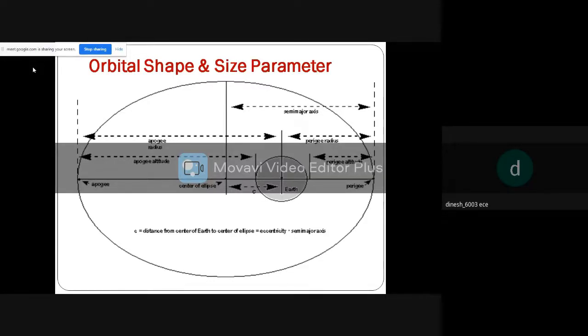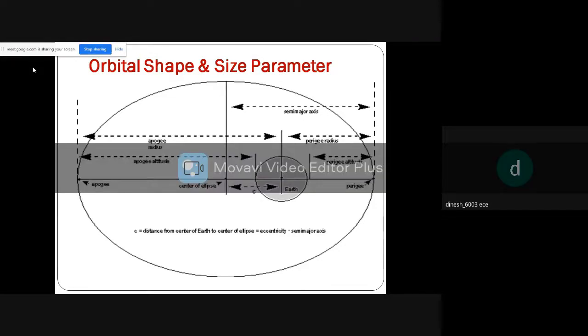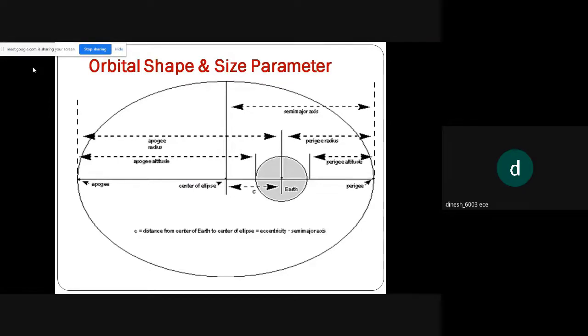So next is the representation of the orbital shape and size parameters. The semi-major axis. In the previous diagram, I had shown the perigee at the left side and apogee at the right side. So now I'm showing perigee at the right side and apogee at the left side, because the Earth is also revolving on its own axis, and with respect to that, the satellite also revolves.